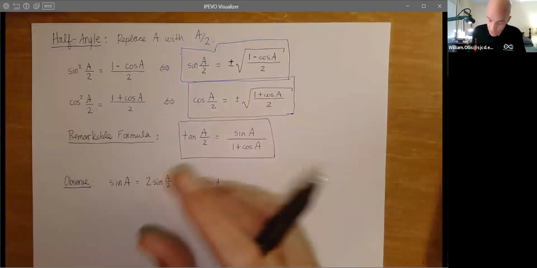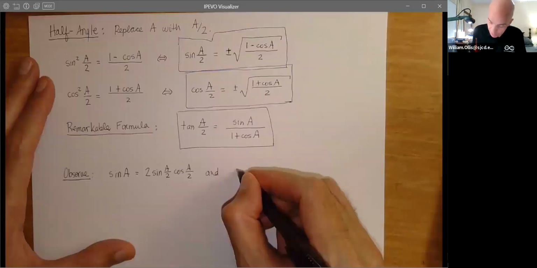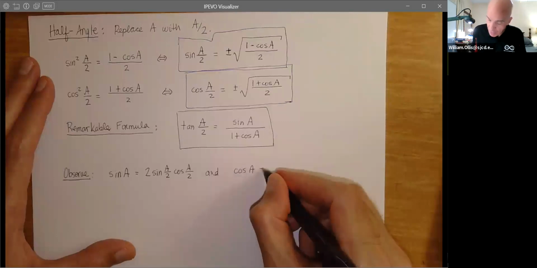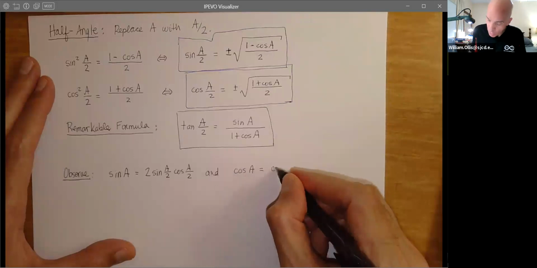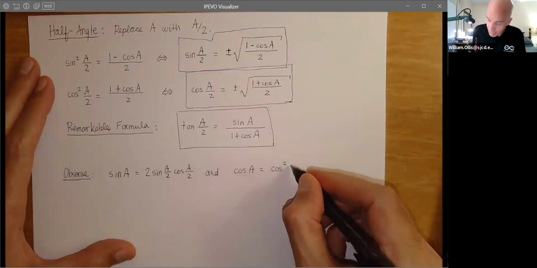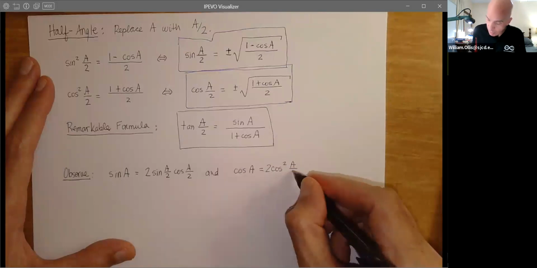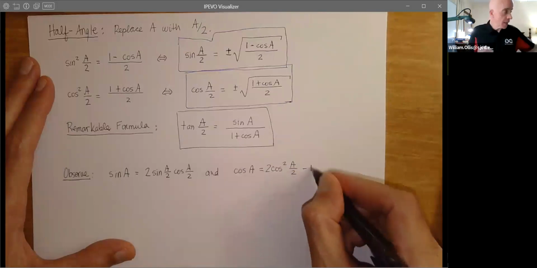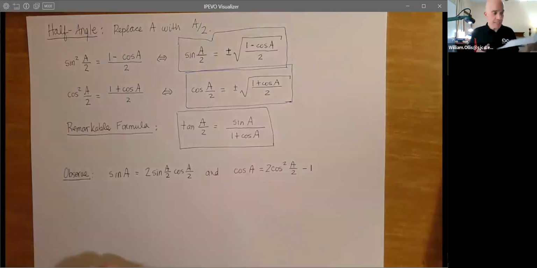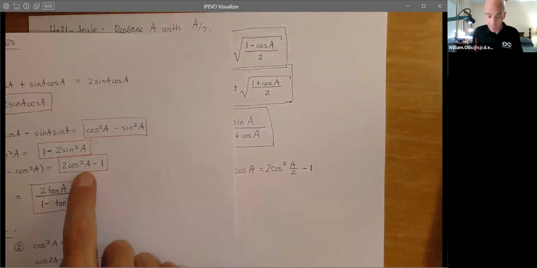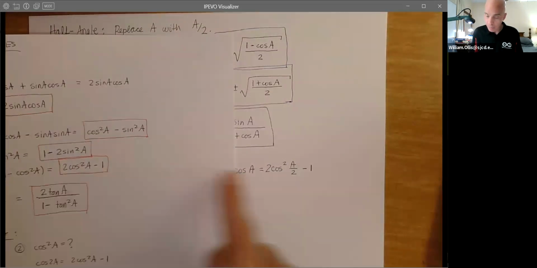So let's do it. So we'll say cosine of A equals 2 cosine squared A over 2 minus 1. So again, this is imitating this guy right here, but now the A has become A over 2.